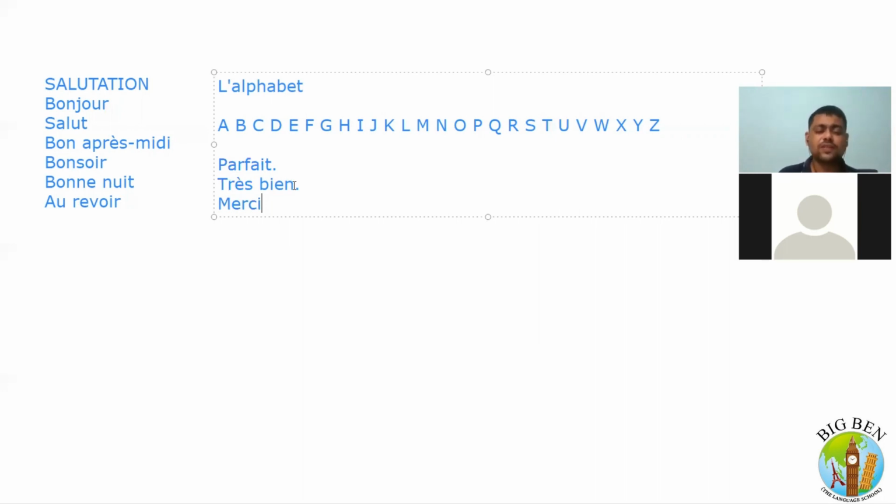But Kushi, in French, whenever there is the letter N, we have to pronounce it with a nasal sound. Bien. Très, S silent, très bien. Très bien means very good.